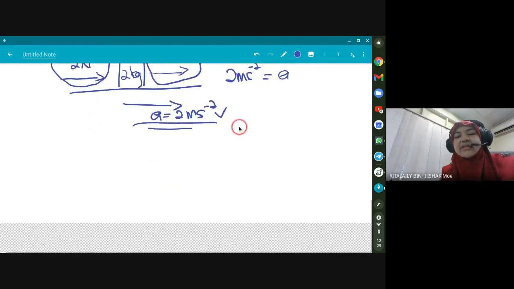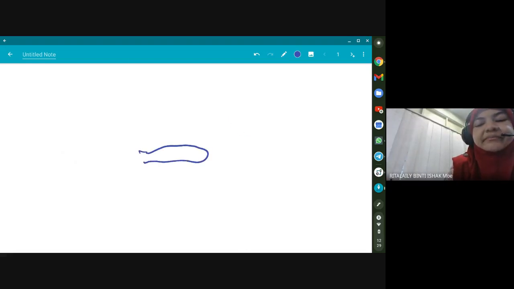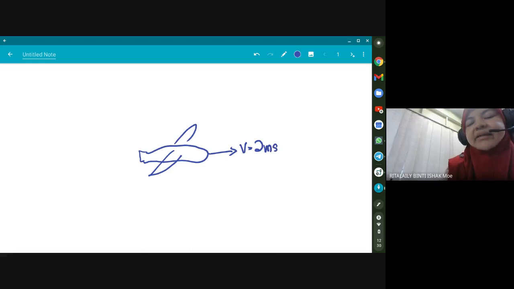So another example, we have an aeroplane. The aeroplane is moving with velocity 2 meter per second, but it is descending with an acceleration of 1 meter per second per second.